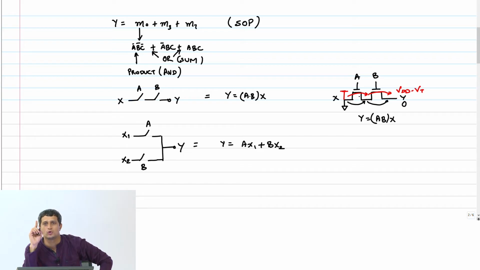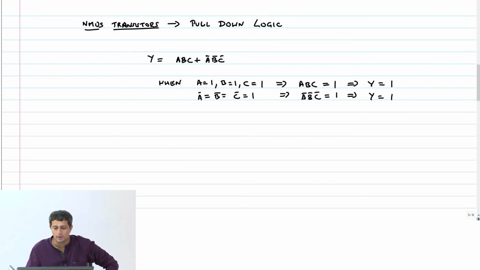When the input A goes high, the NMOS transistor will turn on and therefore the switch will turn on. The only problem is passing this logic 1 to the output when the switches turn on.